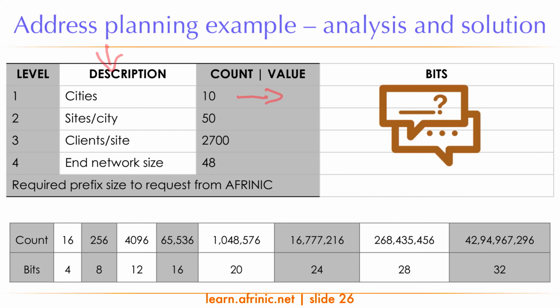We need 10 cities, and then the largest city has 50 sites. Then the largest site has 2,700 clients, and we have our network prefix. So using this information, what is the required prefix size to request from Afrinic?